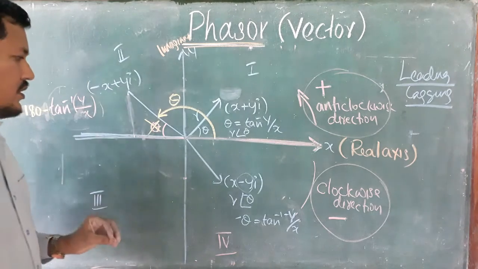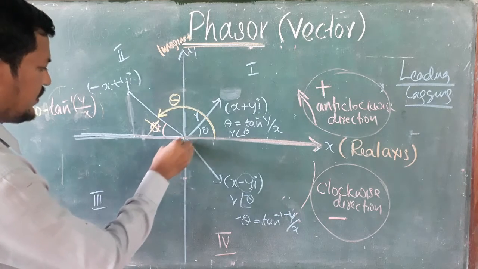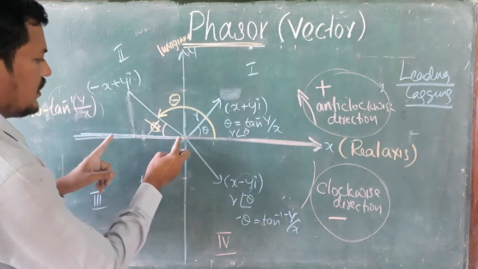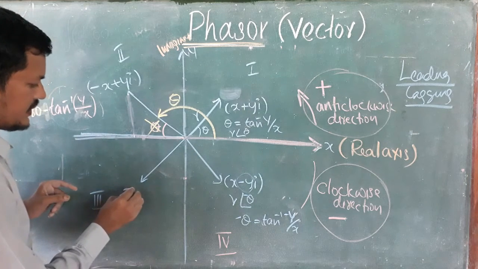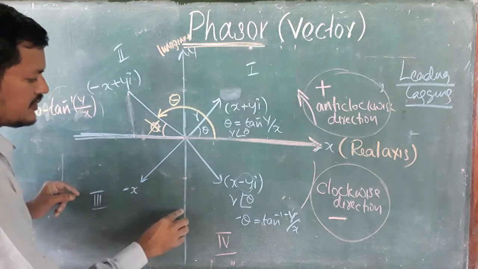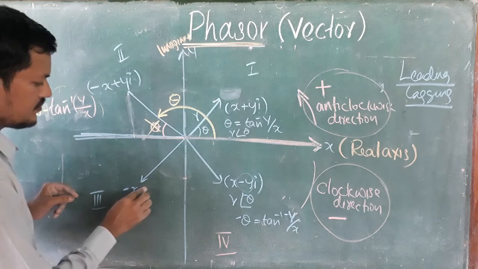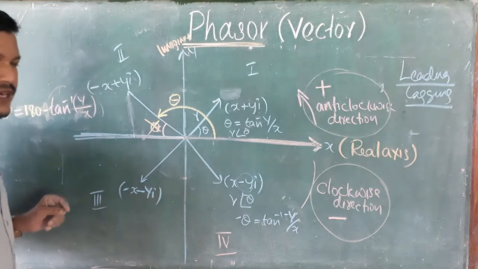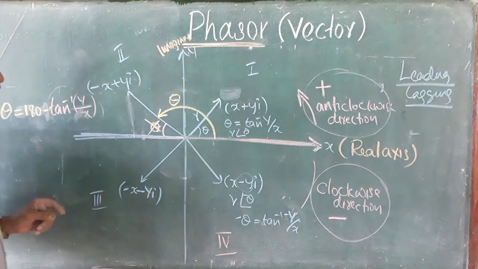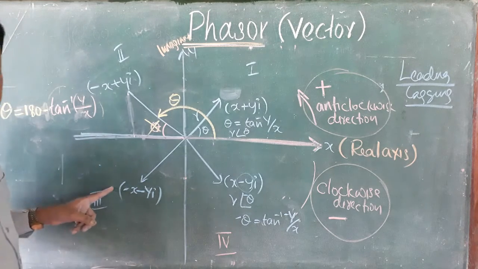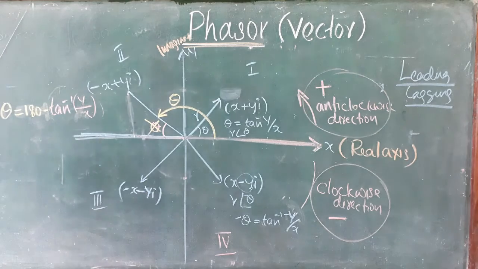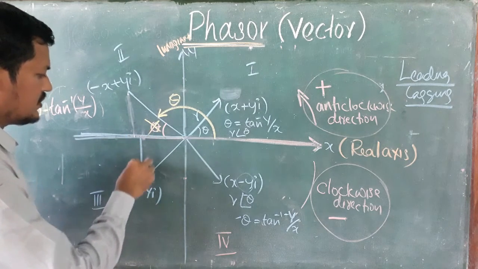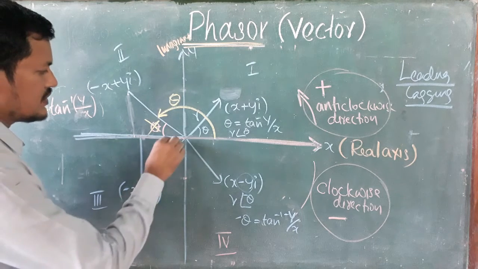Now the third quadrant. In this third quadrant, suppose our phasor is this one. Here the real part is also minus and the imaginary part is also minus. So minus x minus yi. This is the rectangular format. Clear? So how to find its angle? We look at the real axis value and the imaginary value, and this is the angle.